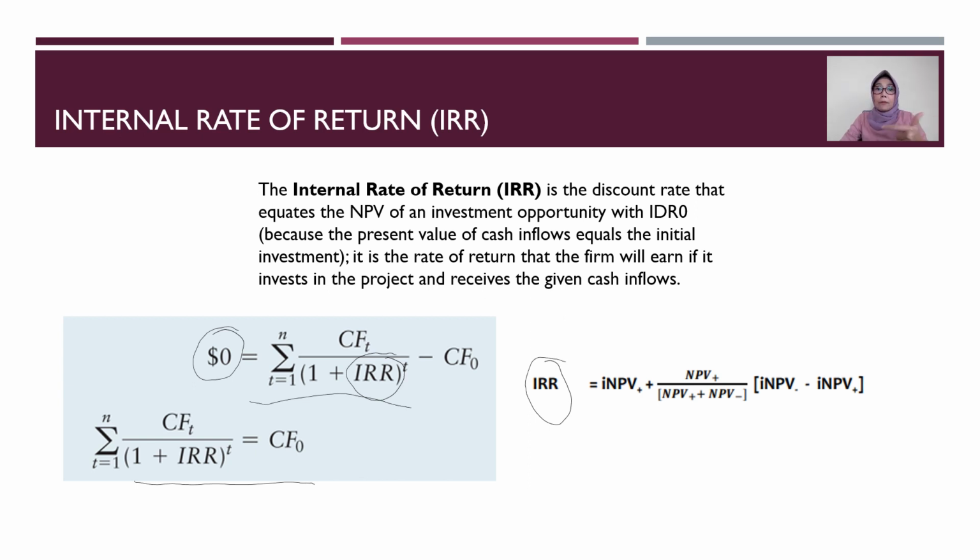If you already have the positive NPV and the negative NPV, then you can plug those numbers into this formula. In the next slides, I'm going to show you how to calculate it.